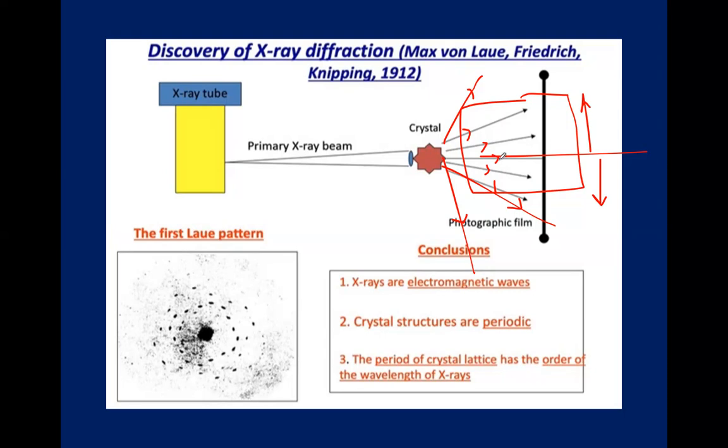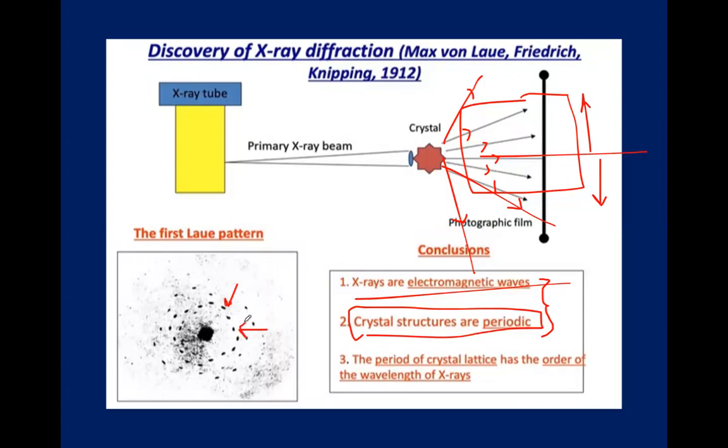These X-rays are electromagnetic waves. That they are systematically scattered when passing through a crystal means the crystal structures are periodic, so that's why you see a similar pattern. These are the spots of X-rays bombarded onto a film.